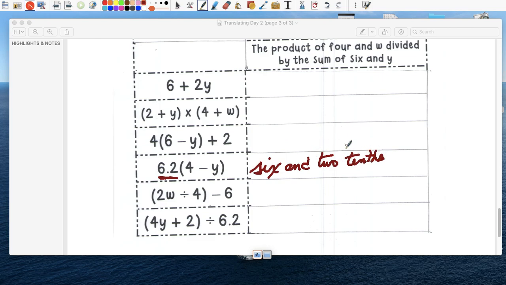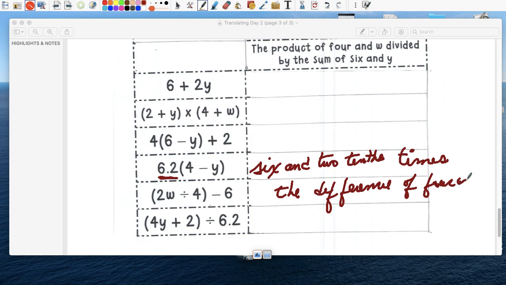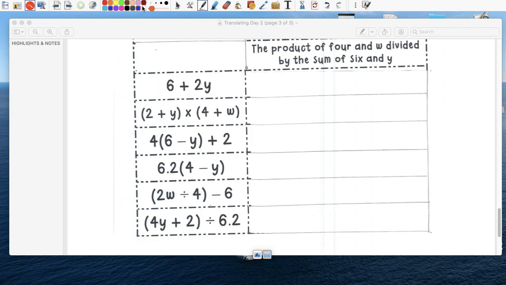Okay. 6 and 2 tenths times the difference of 4 and y. Okay, so that I'll talk about tomorrow. Okay, and how to write it. Okay, I'll explain how to write it.